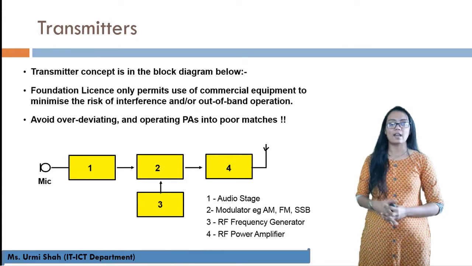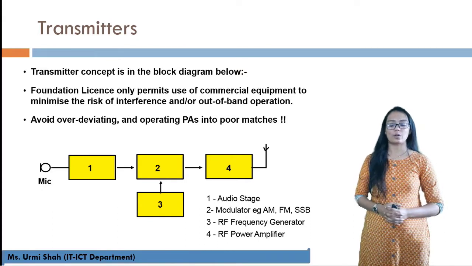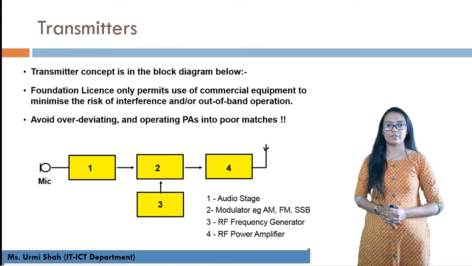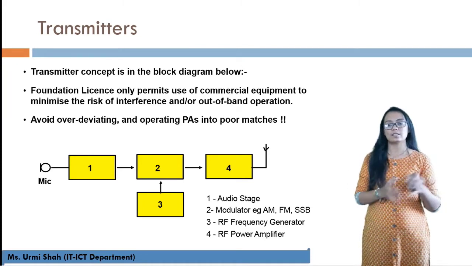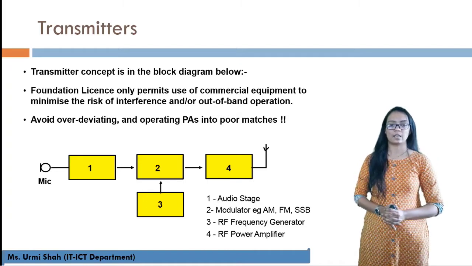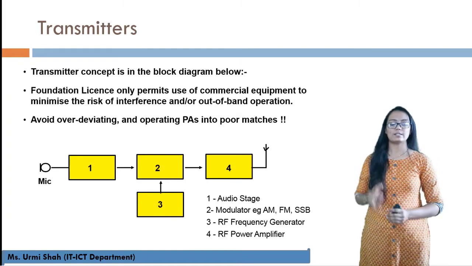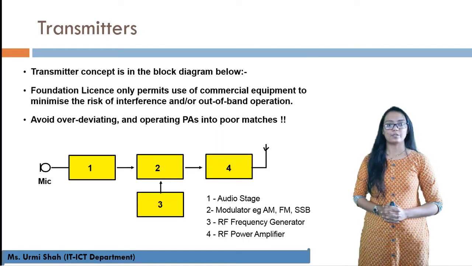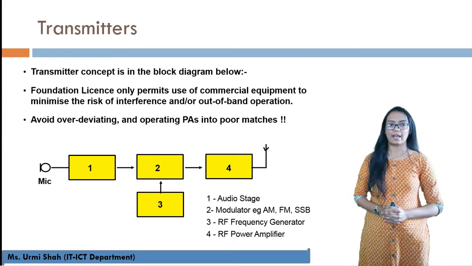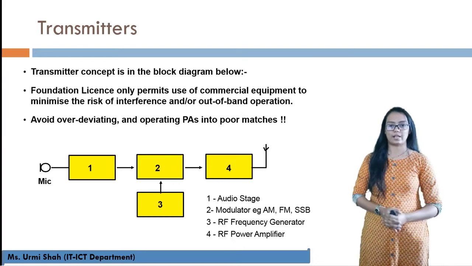So avoiding the over deviation or operating of power amplifiers into poor matches, that can be a drawback whenever we are moving towards commercialization. So basically the transmitter is having blocks like audio block, modulator block, then RF frequency generator block and RF power amplifier block.